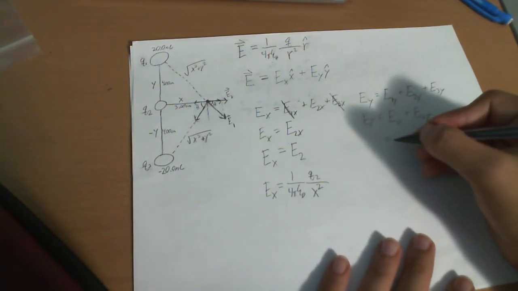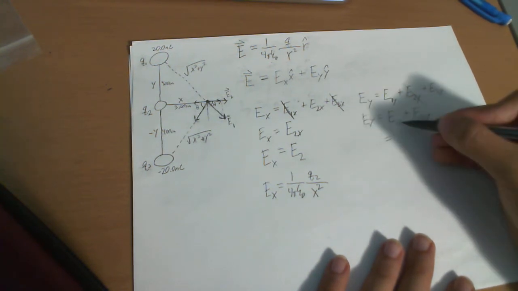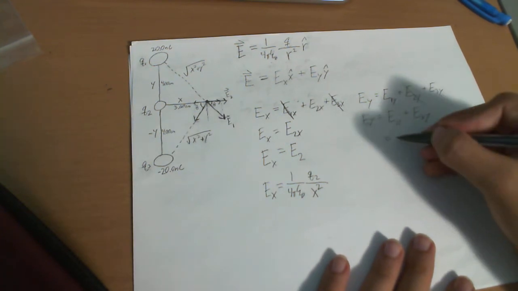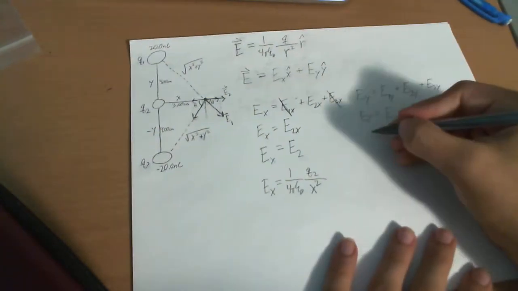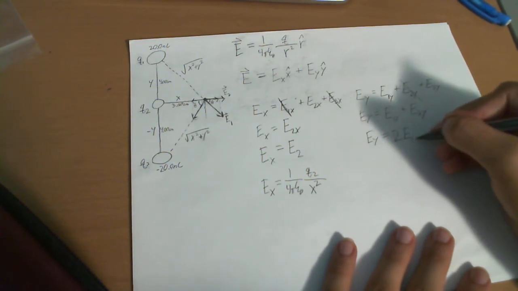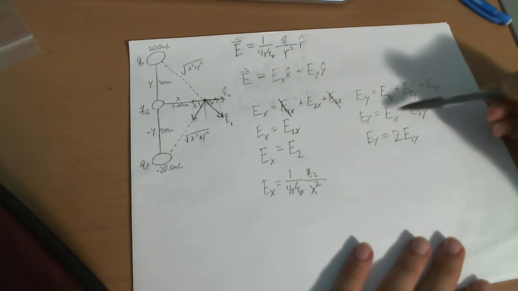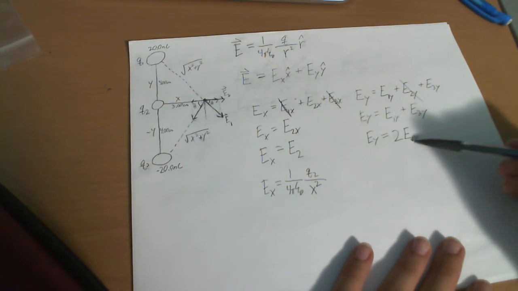So it's like saying E1y plus E1y, and so the total y component is going to be 2 times E1y. Right? Because the contributions from E1y and E3y are the same. And so, to make it easier, we could just multiply our E1y quantity by 2.